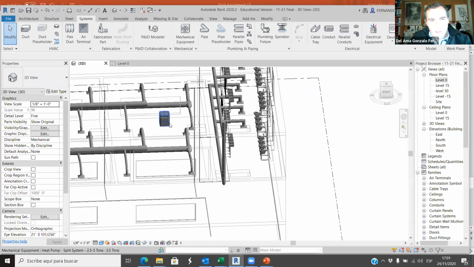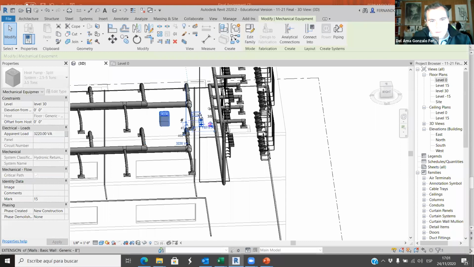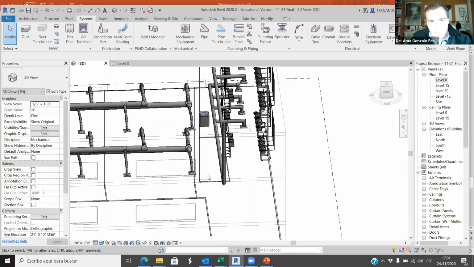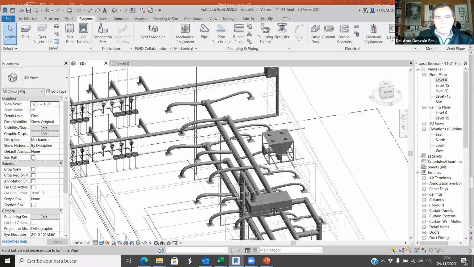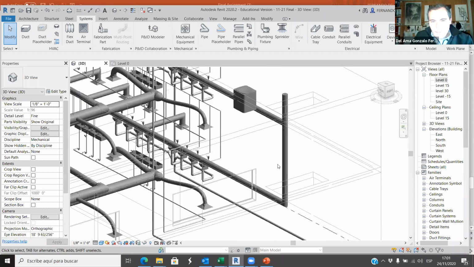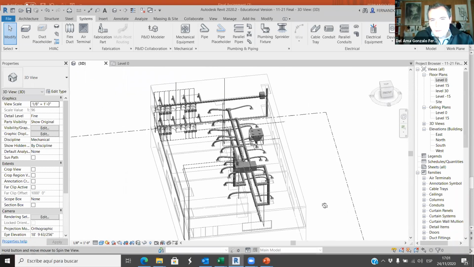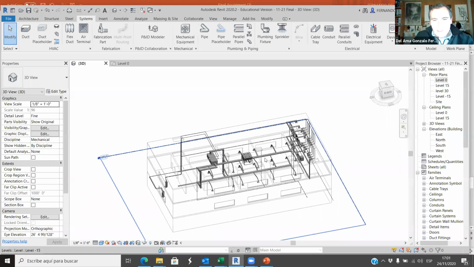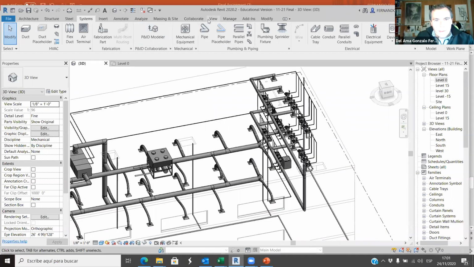So this one is on the roof. Let's place it here. So this is the outdoor unit. Then we need an indoor unit, and split indoor units, I haven't found it here.